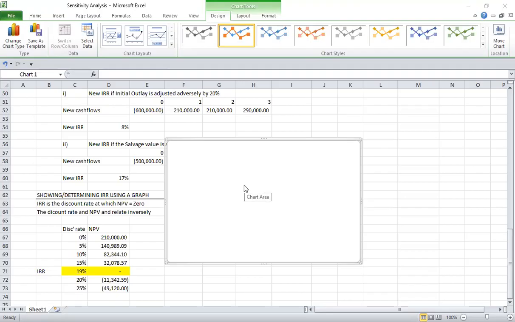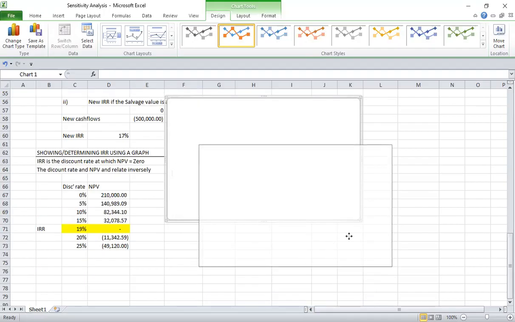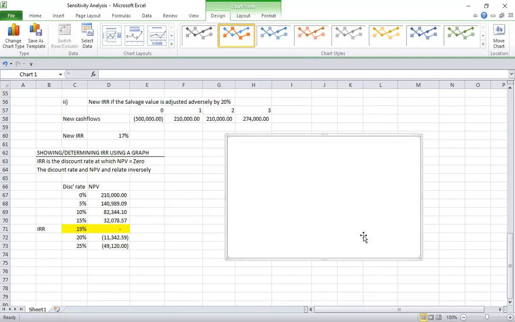If you put your cursor within that blank area, it is called the chart area. By the way, you can move it the way you want, so that it does not block any figure you have computed before. This is where we want to have our graph or our chart.